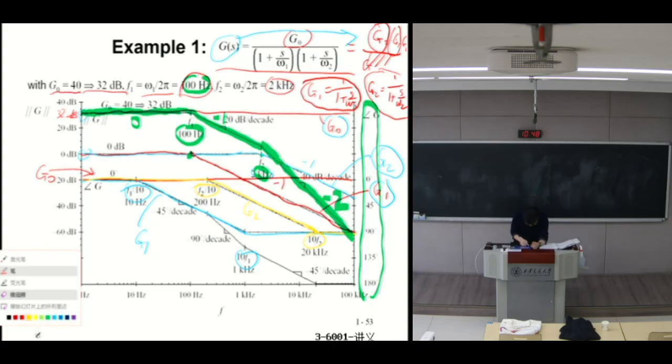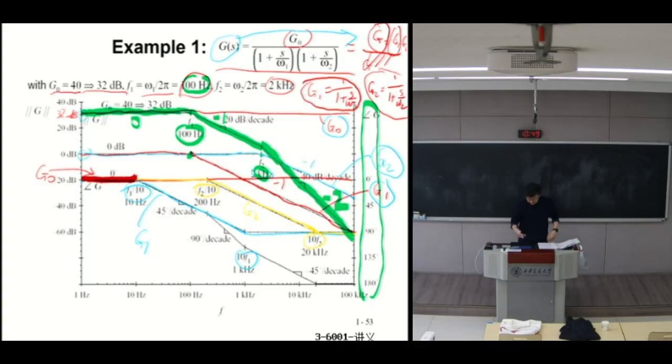For low frequency, up to 1/10 of F1, G0, G1, G2 are all located at 0 degrees. So added up together, still 0.